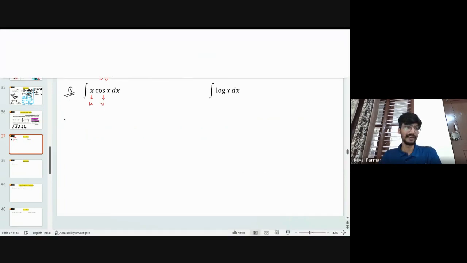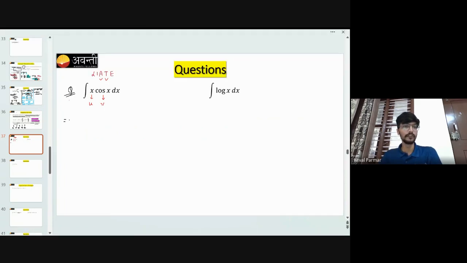So likewise, what was the formula? It was u integration of v minus integration of v into derivative of u. Correct?